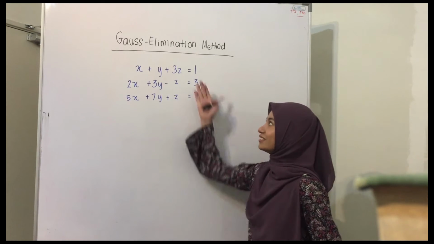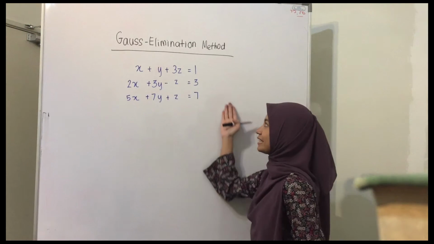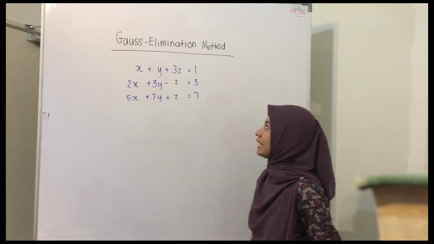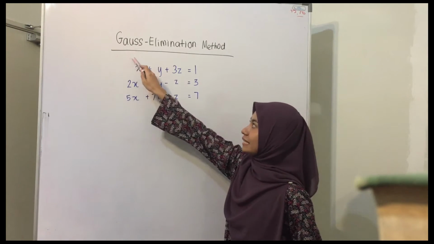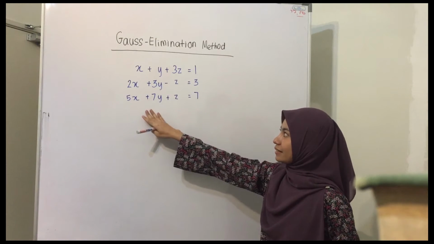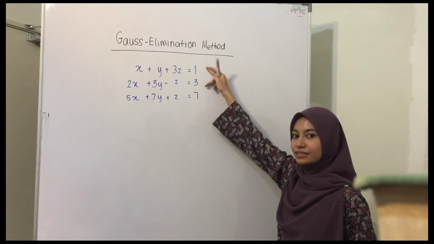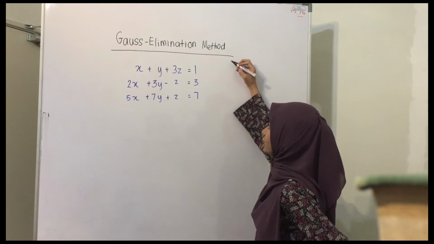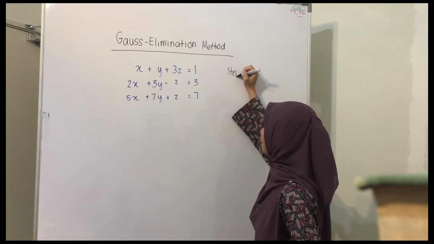Now we move on to the Gauss elimination method. This is the example question written. As we can see, the system of linear equations is in this form.